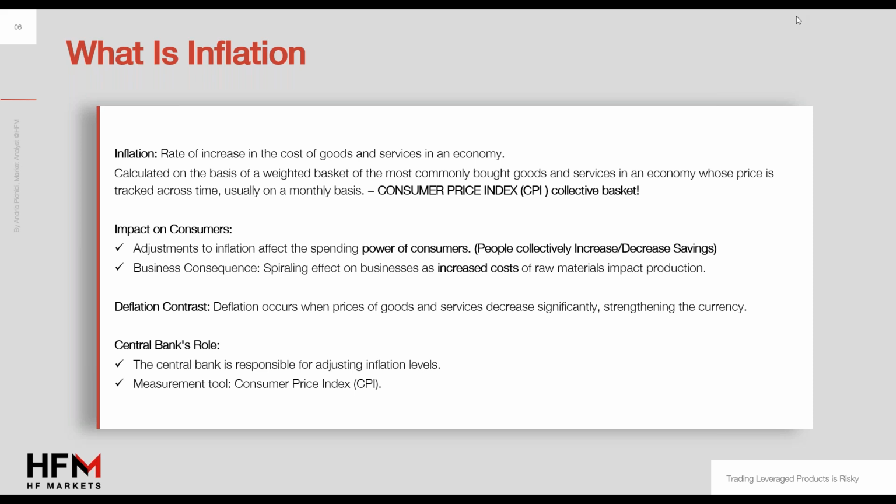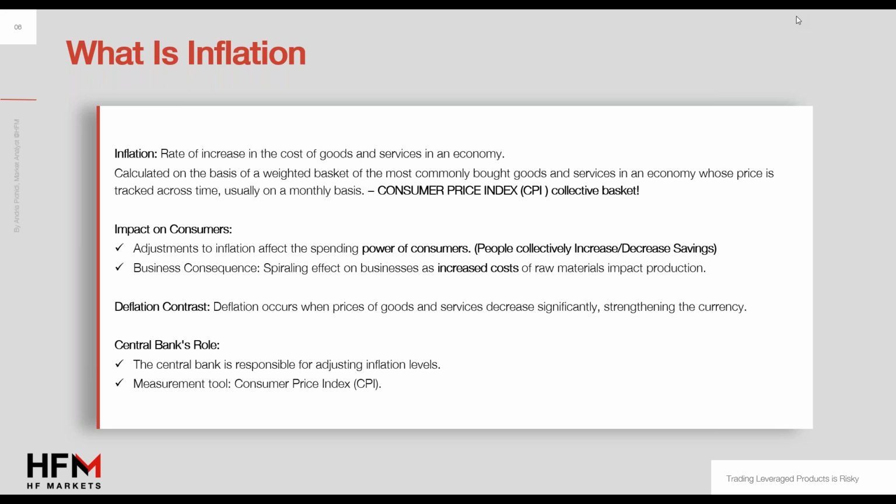Inflation is calculated on the basis of a weighted basket of the most commonly bought goods and services in the economy. Their prices are tracked across time, usually on a monthly basis, and it gives us an indication of the rate of change in the cost of goods and services in our economy.